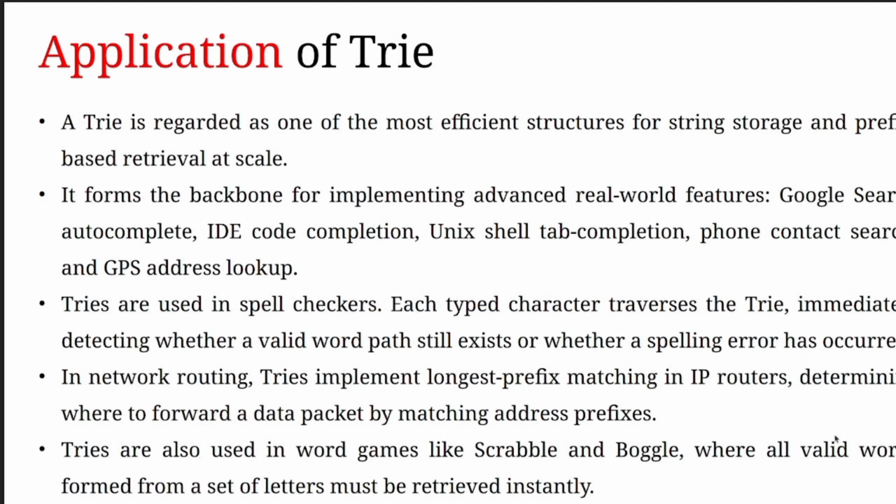Spell checkers can quickly determine whether a typed word exists in a dictionary. Tries are also used in computer networks for routing data and in word games like Scrabble. Because of its fast prefix searching capability, Trie is widely used in systems that handle large amounts of text data.